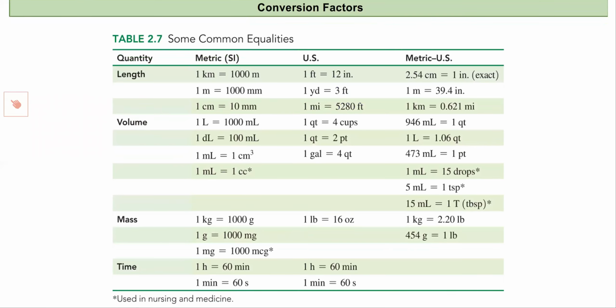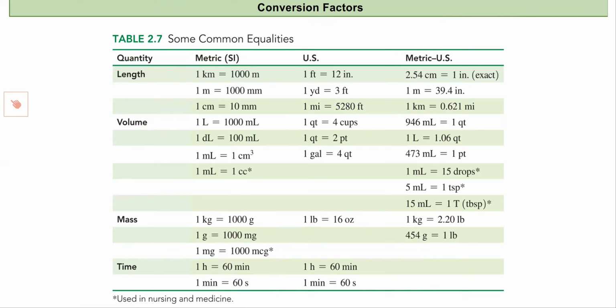So this slide is intended to just show you a number of different types of conversion factors. We've got the metric system, the US system, and the metric to US conversions. I'll ask you to memorize a few metric conversions that we'll use again and again through this quarter.